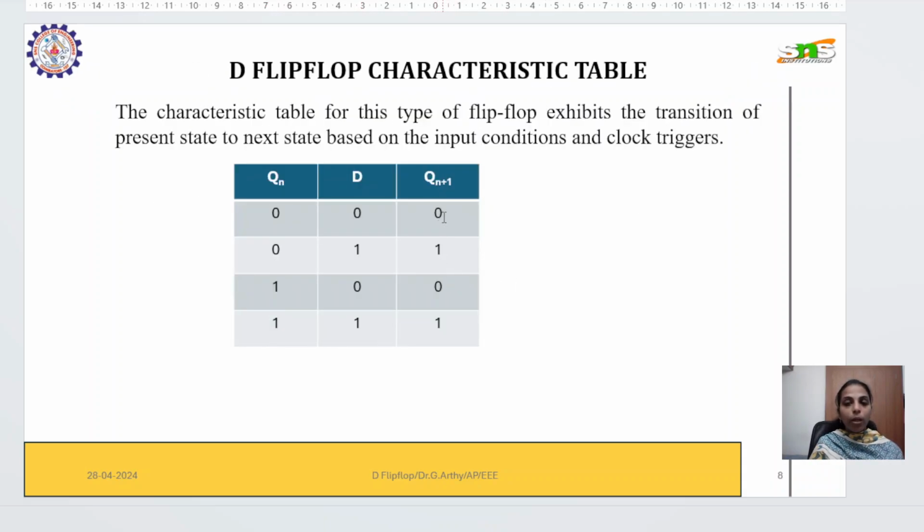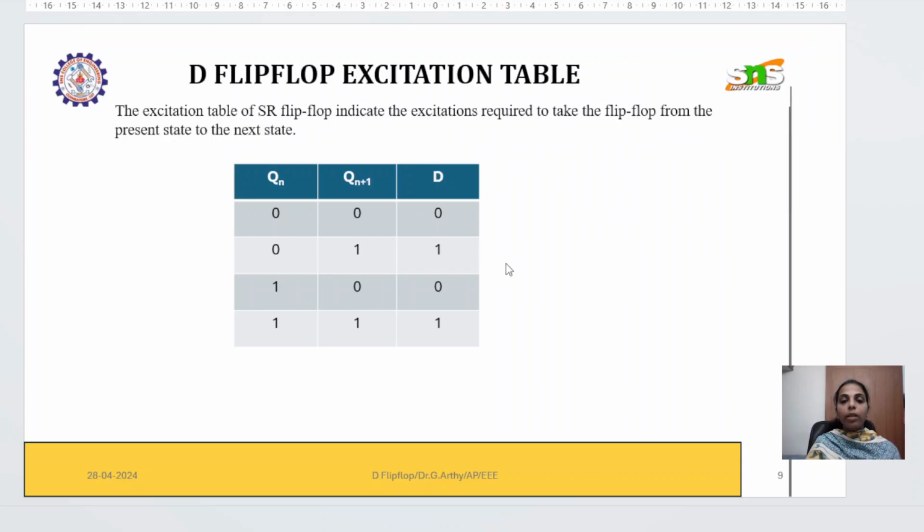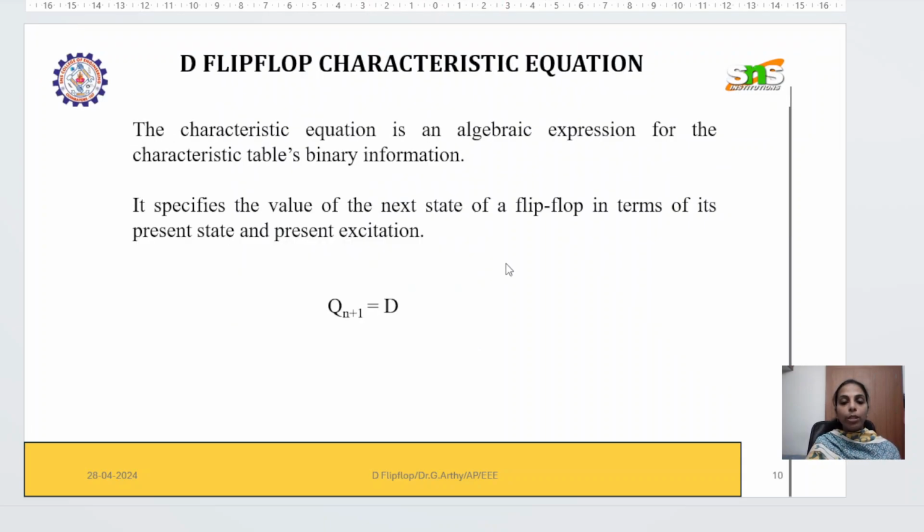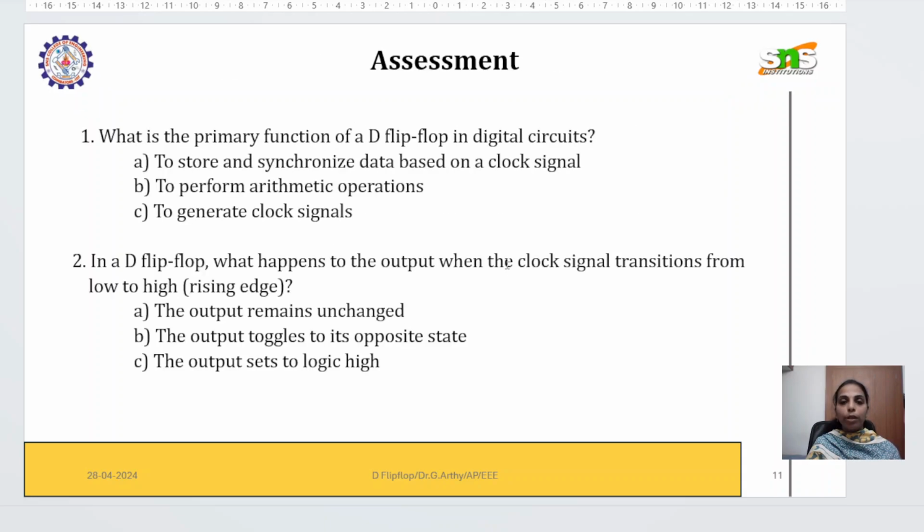Whenever the previous state changes, the next state follows D, right? Qn plus 1 is 0 when D is 0, and Qn plus 1 is 1 when D is 1. It follows, right? So the equation is Qn plus 1 is equal to D. So the D flip-flop is a simplified version of the SR flip-flop.